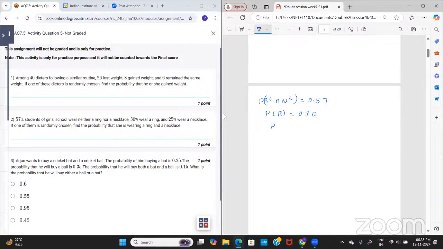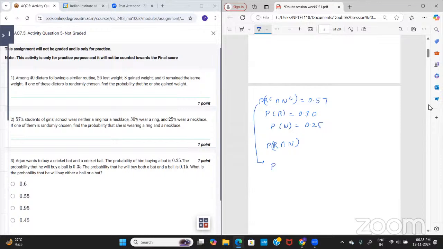And 25% wear a necklace. If one of them is randomly chosen, we have to find the probability that she is wearing a ring and a necklace.